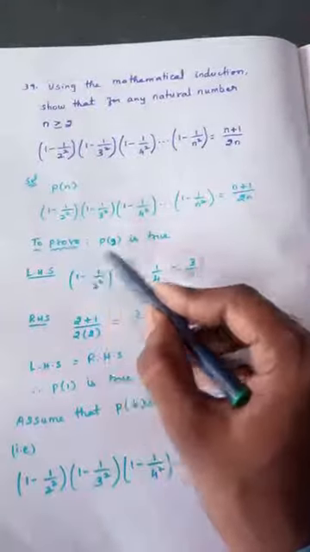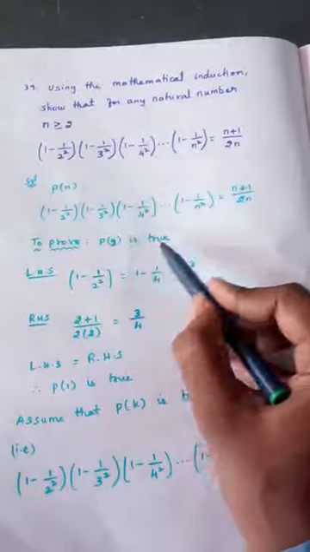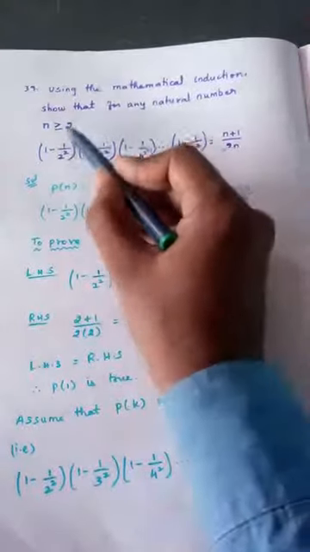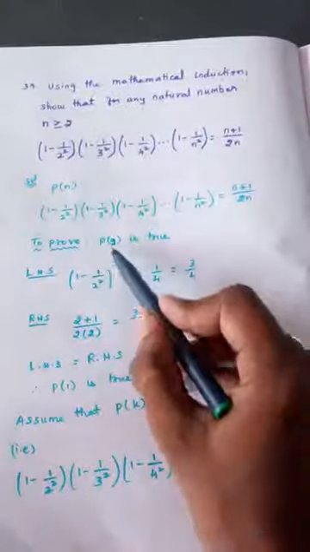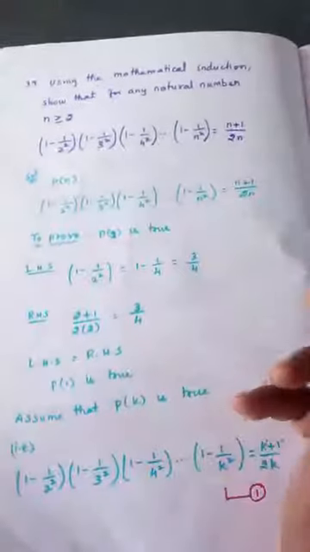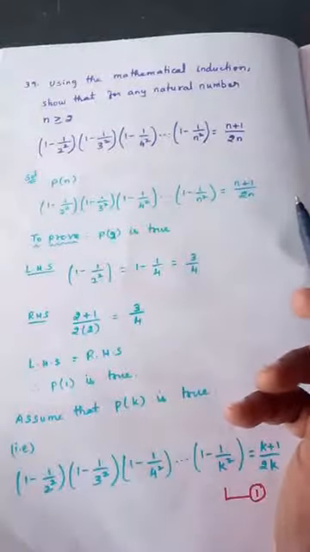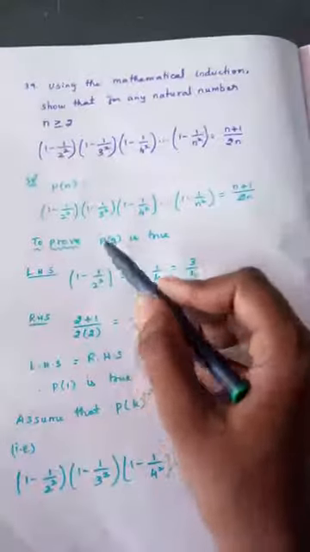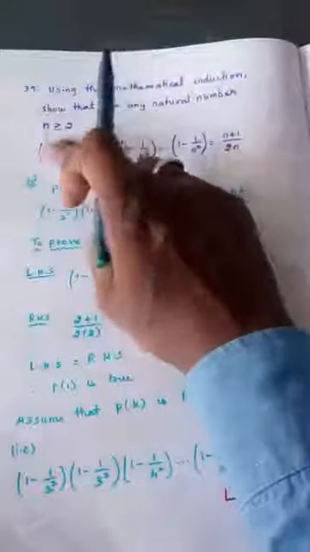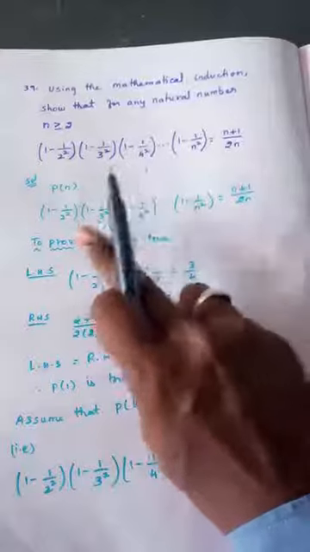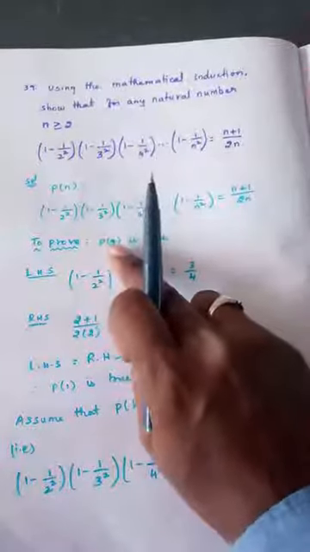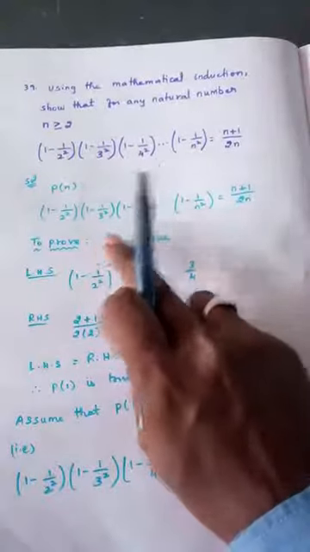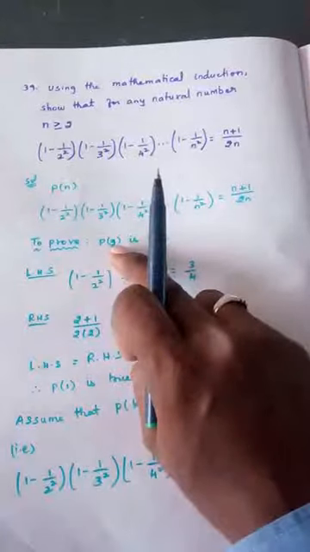So to prove, usually we will write P of 1 is true. But here the result starts only from 2. So we should prove that P of 2 is true. So don't get confused. P of 2 means we should take the first term. Don't say, sir, P of 1 means first term. Here, since it starts from 2, P of 2 means we should take only one term. That is the meaning.